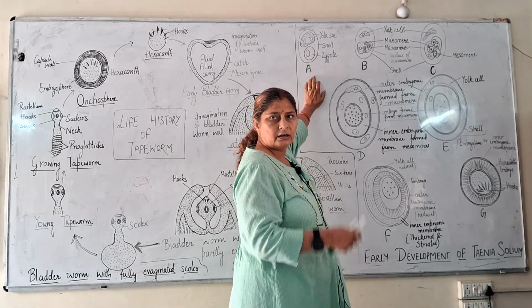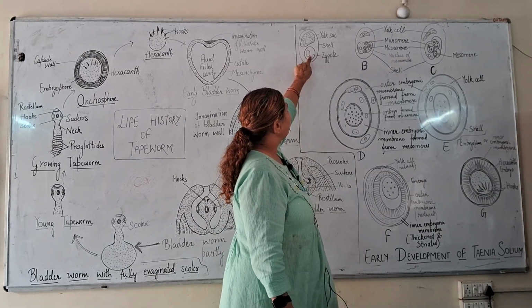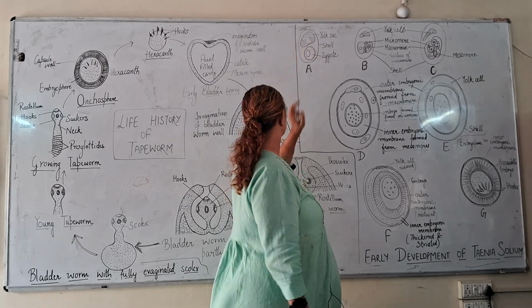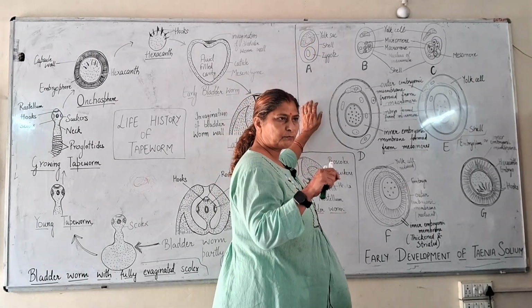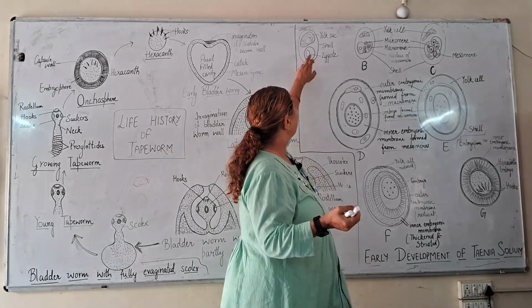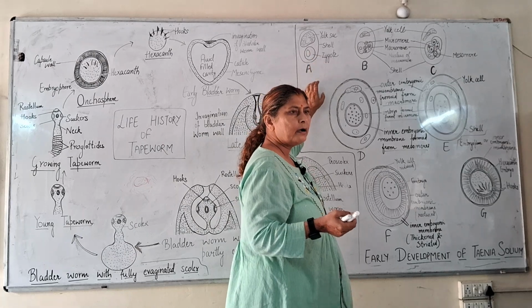This is the zygote, then the yolk sac, which comes from the yolk gland, and around it there is formation of a hard membrane.